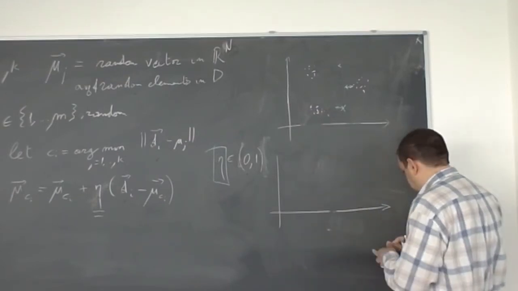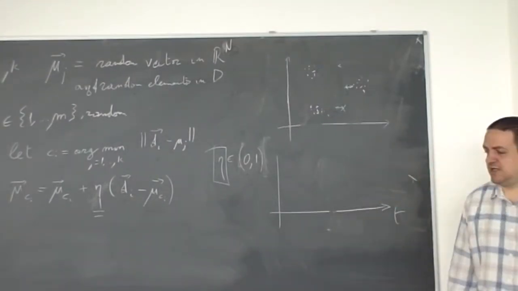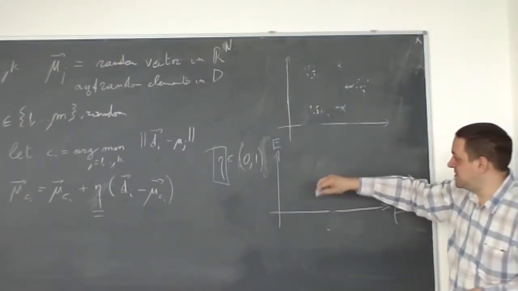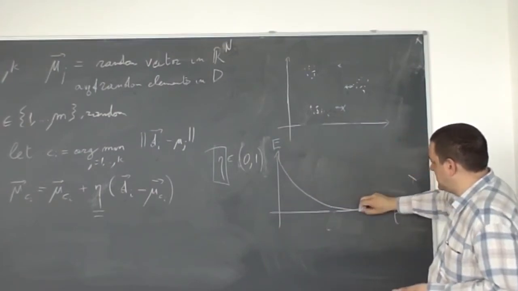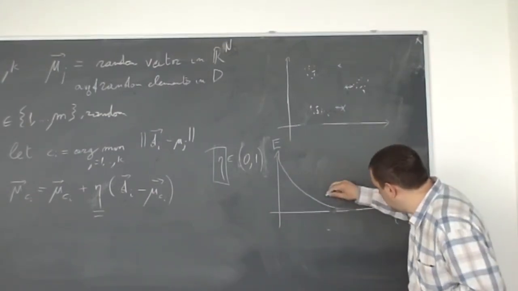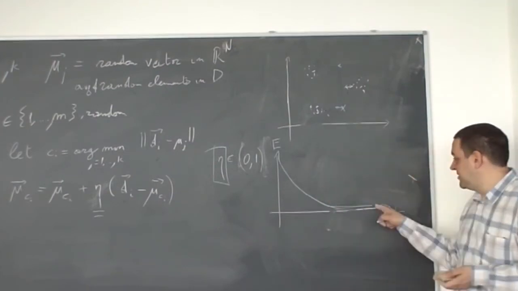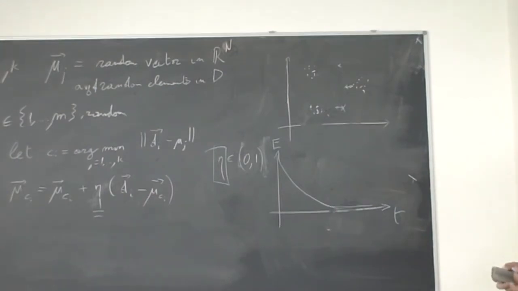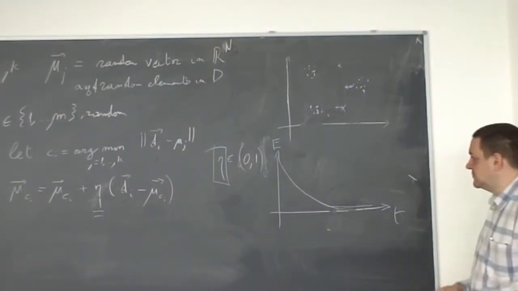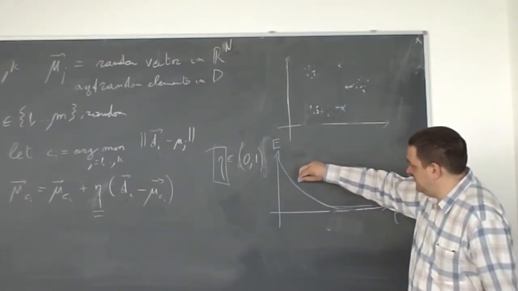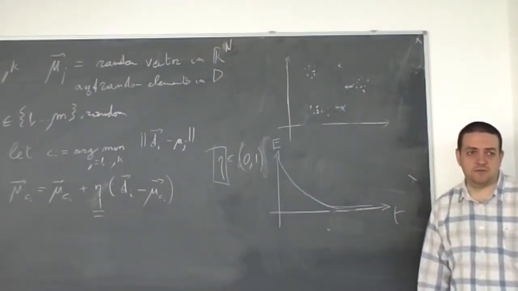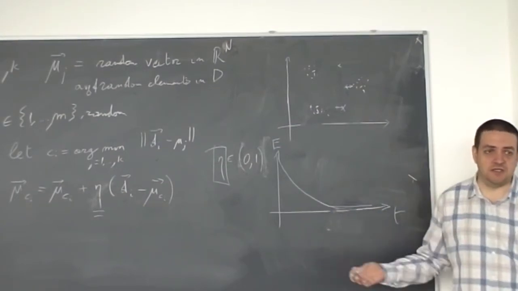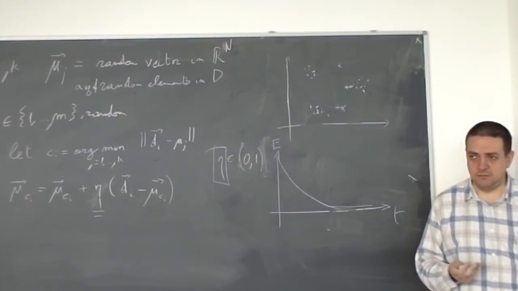If you look at the quantization error with respect to the number of steps, you will find something like this. Of course, it's not going to zero, but it's probably going to stabilize at further iterations. So you can recompute the quantization error from time to time and decide when there are no more significant decreases in the quantization error.